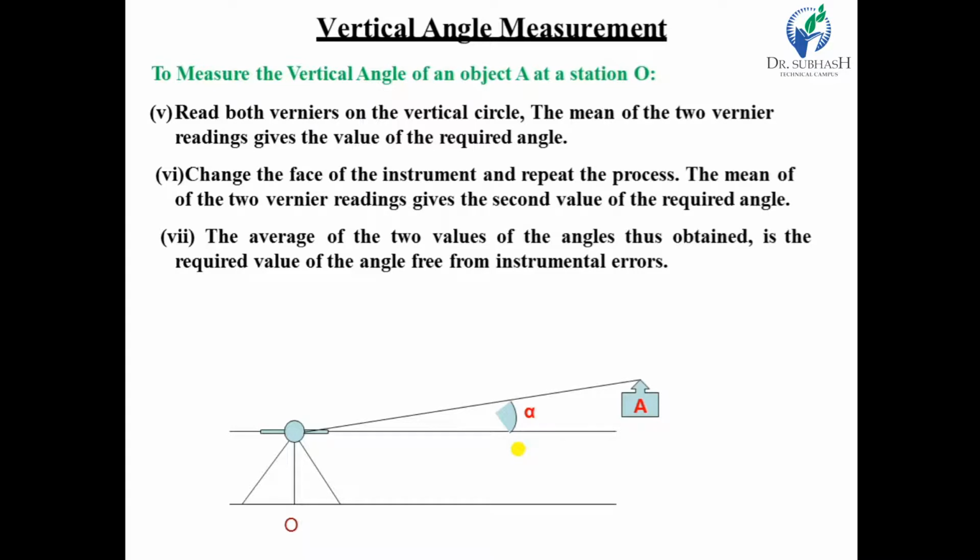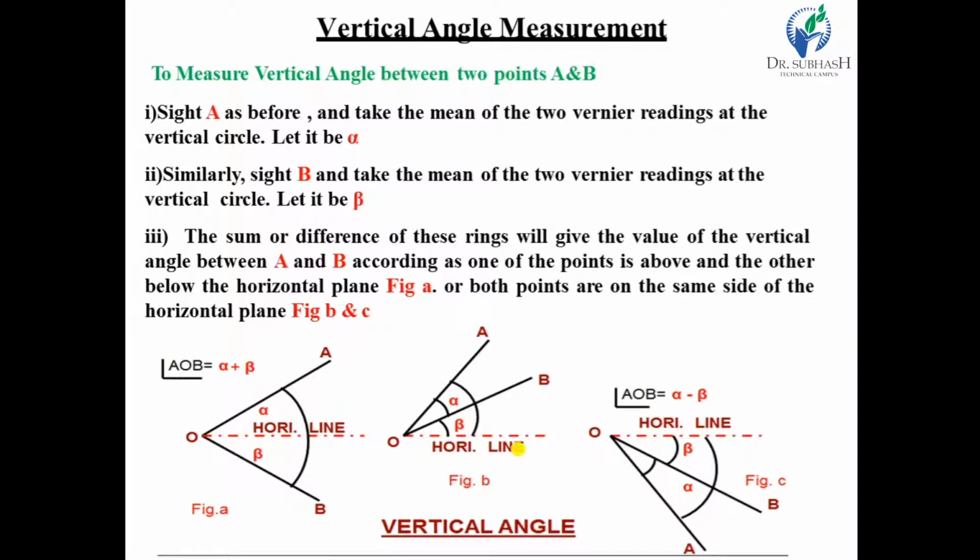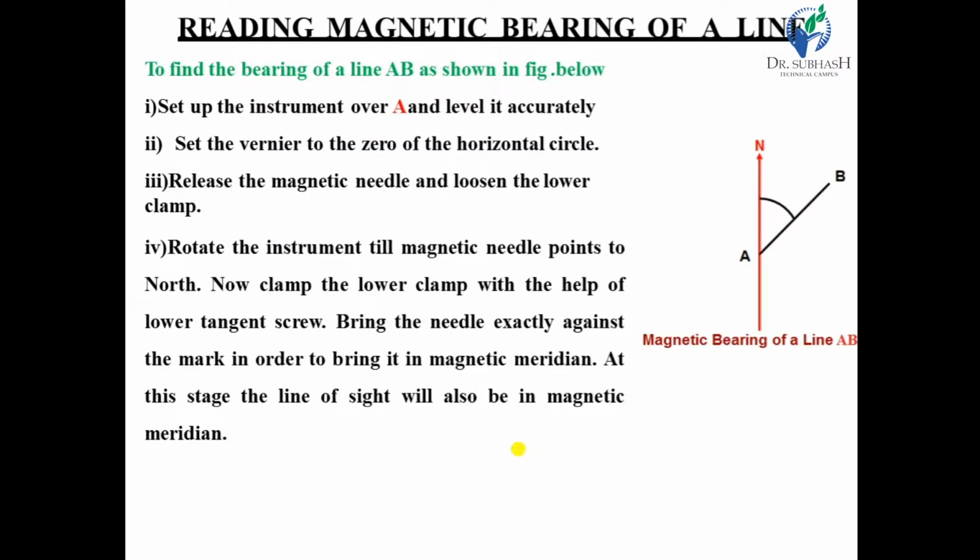Now change the face and repeat the same procedure, get the reading and take the mean of that value. The mean of both sets of readings gives the accurate value of the vertical angle measurement. That is an example of a vertical angle between two points A and B.